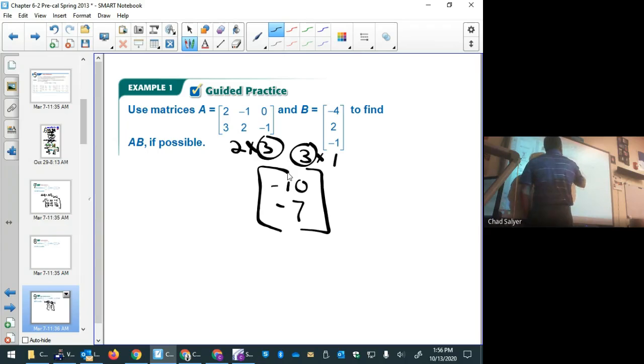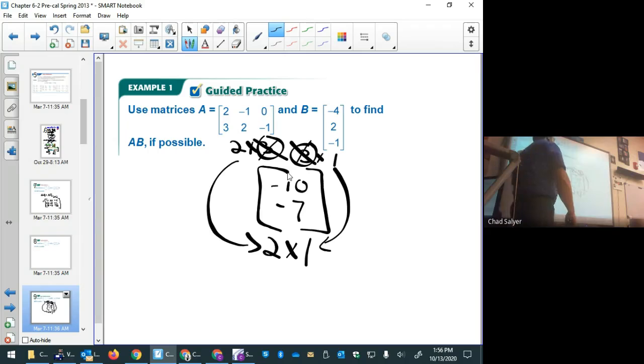So we only care that these match, and once we confirm they match, we throw them away, and then the dimension of our product matrix will come from the leftover data, the outer of those dimensions originally. Okay, questions about this? Did you do it by hand if you had to? Yeah. Did you do it by calculator?